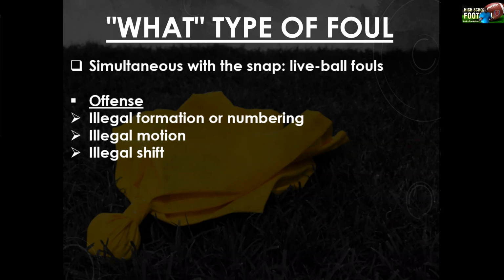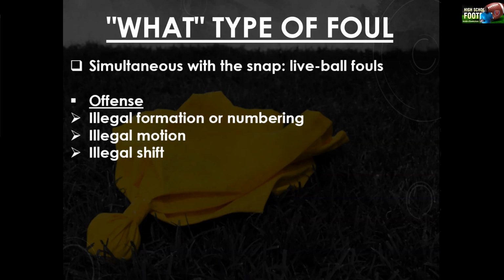Well, let's say one stops and the other one keeps going, if the ball is snapped, it's an illegal shift because everybody must be momentarily paused for 1 full second. However, let's say they both moved, they both stopped, then one moved again, went in motion again, that's legal.